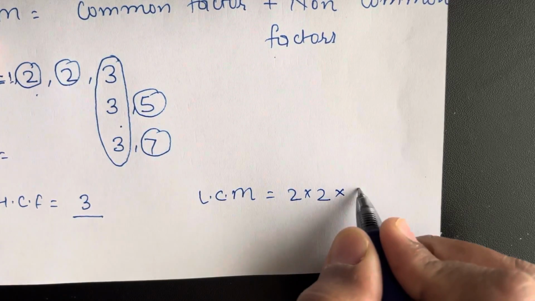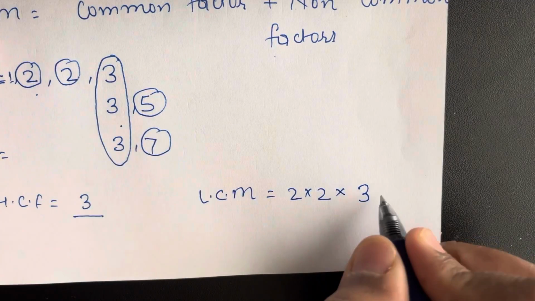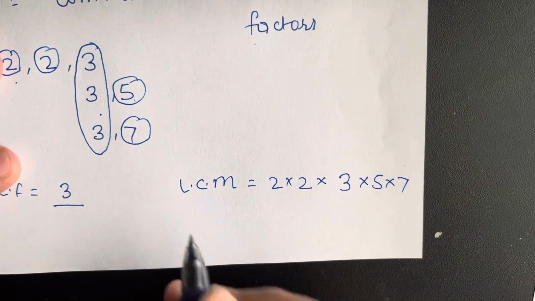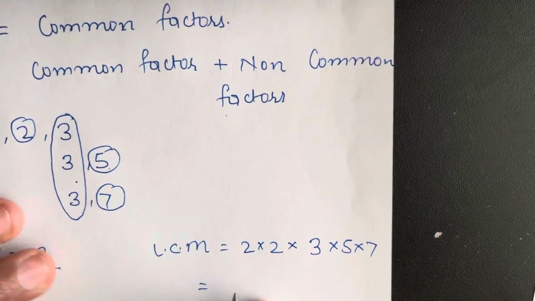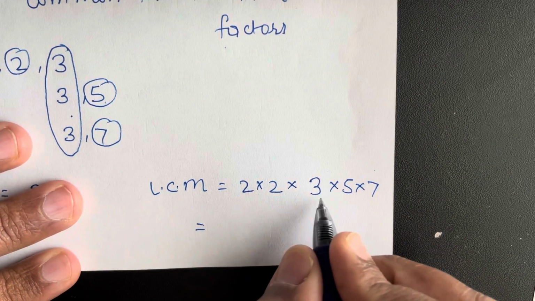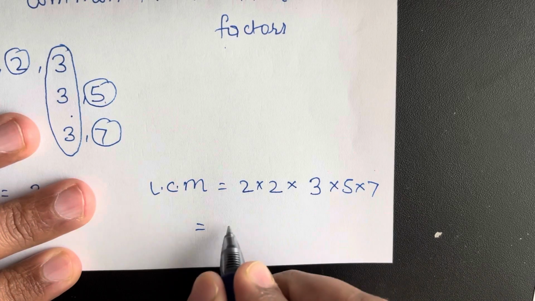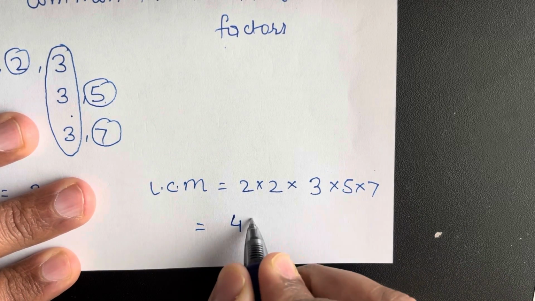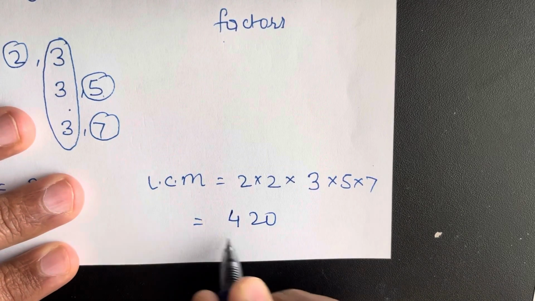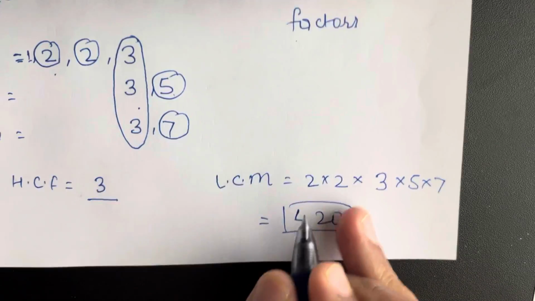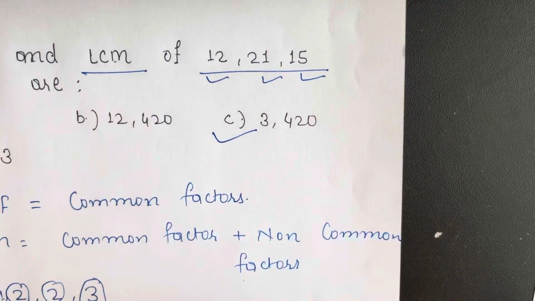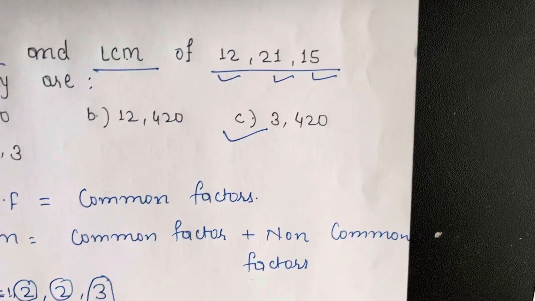This 3 is the common one, and 5 into 7, these two are the remaining ones. By multiplication, you will get 2 times 2 is 4, times 3 is 12, and 60 into 7, 420. So this is your LCM and this is your HCF. Your correct answer will be 3, 420, right?